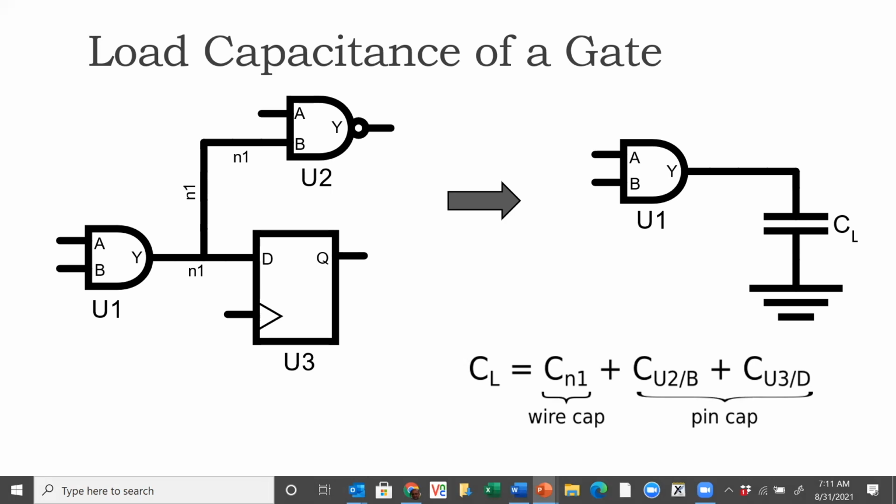So in this case, the pin cap is the sum of the B pin of U2 and the D pin of U3. And so this is the total load capacitance of U1. Every instance in the logic circuit will have its own load capacitance that it is driving. And load capacitance is one of the important components in the equation for power consumption.